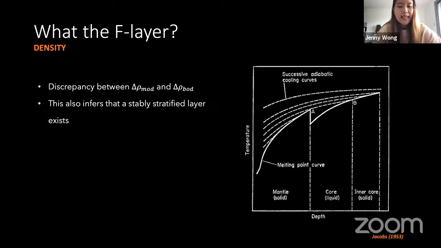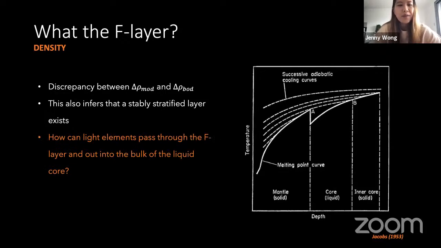So the key issue that I'm concerned about is how light elements can pass through a stably stratified F layer and out into the bulk of the liquid outer core that's convecting. A first guess might be, is this layer a thermal boundary layer?